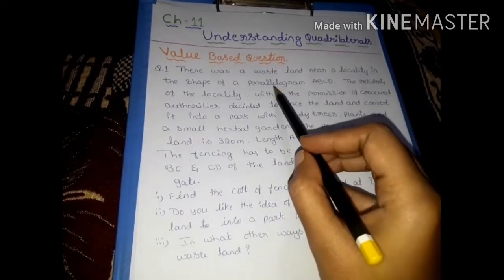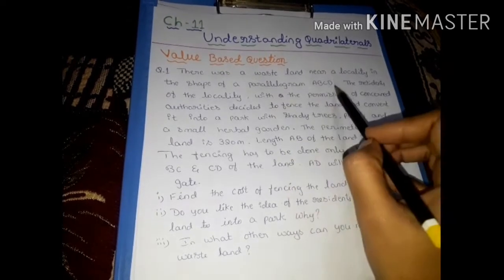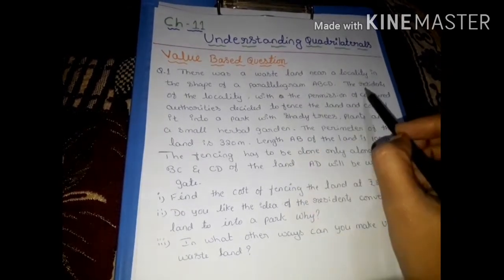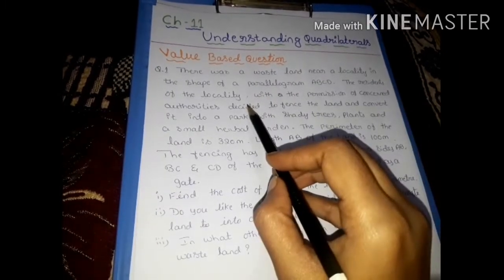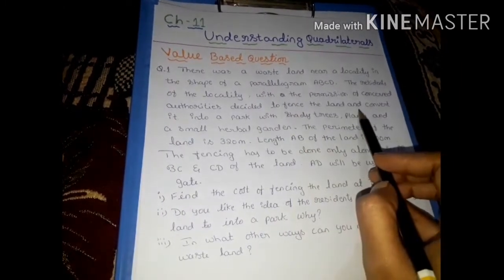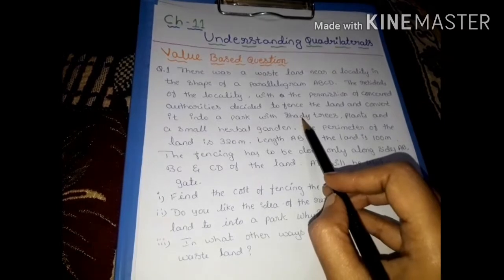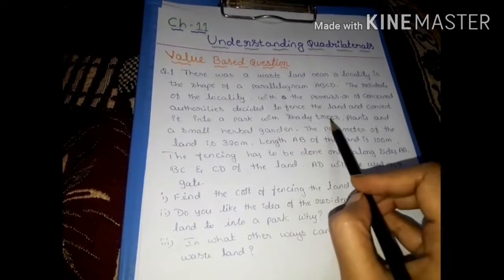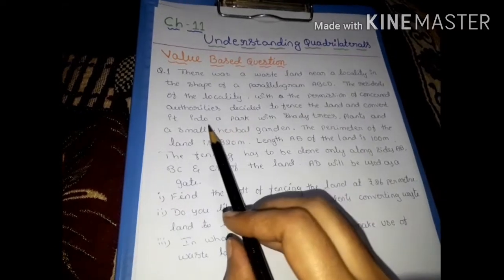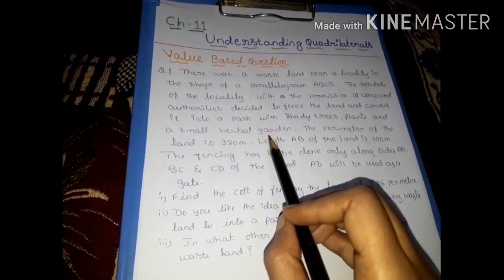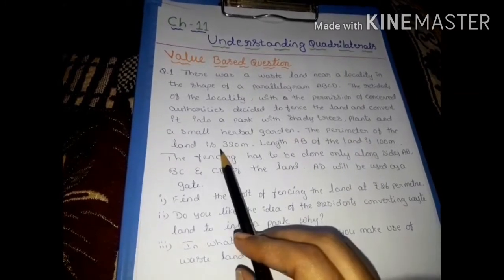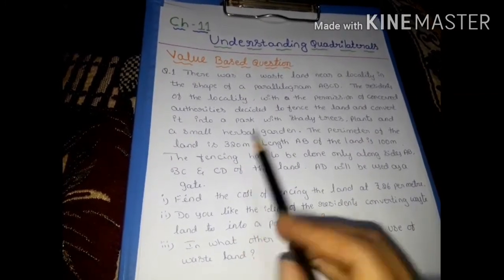Here, there was a wasteland near the locality. It is in the form of parallelogram ABCD. They converted wasteland into park with shady trees, plants and small herbal garden, by planting shady trees, plants and small herbal garden. And also given perimeter of that land is 320 meter.